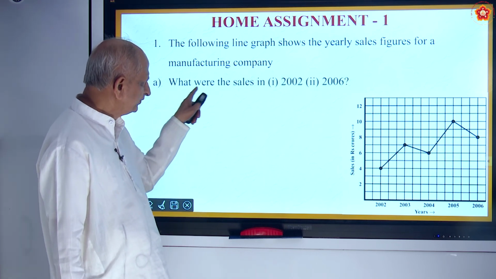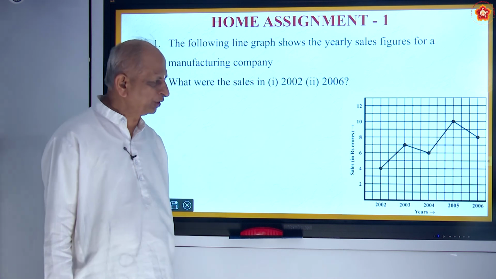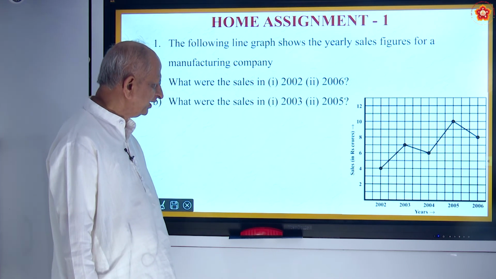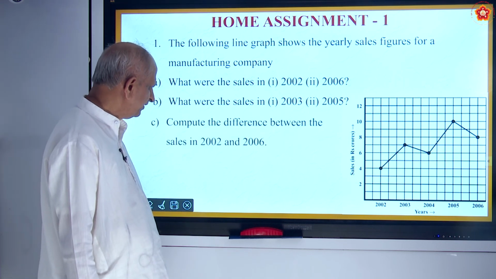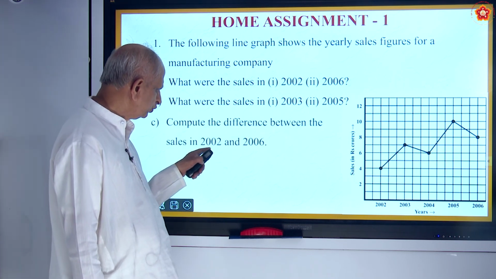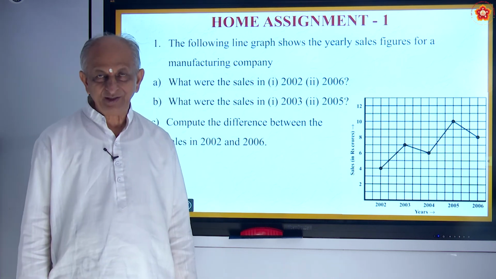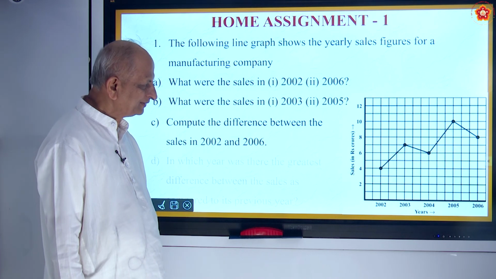What were the sales in 2002 and 2006, in crores, you must tell. Second, what were the sales in 2003 and 2005. Third, compute the difference between 2002 and 2006, in crores. Okay, that is the home assignment.